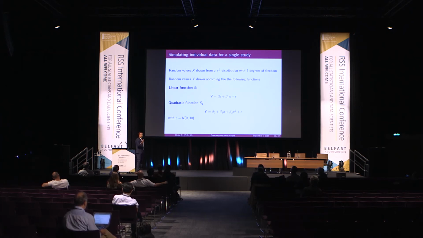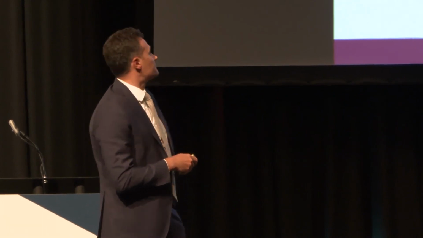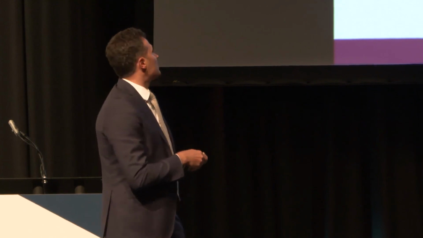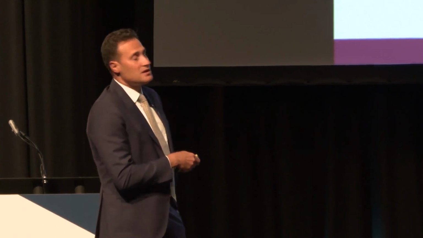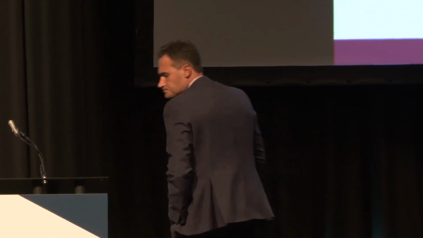Now I'm going to give you some more details about the simulations, because I try to do a simulation study that is kind of similar to the type of data that I see. I try to use my experience to inform the simulation study. So I'm going to have a positive dose, a chi-square distribution with 5 degrees of freedom. Individual data are generated according to a simple linear function or quadratic function with a certain error term.